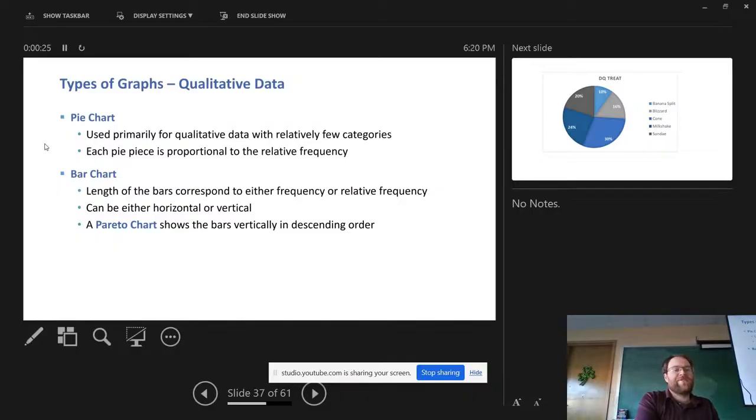A bar chart, on the other hand, is really good for the actual number of times data shows up. There's a variety of ways to do that, horizontally or vertically. A Pareto chart shows bars vertically in descending order. So think multiple bar graphs together.